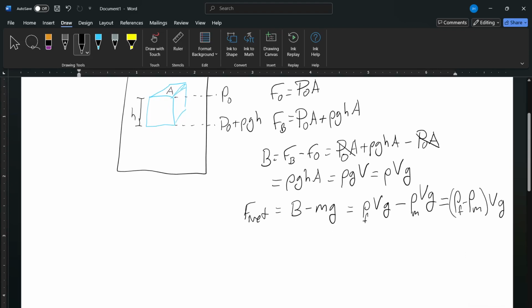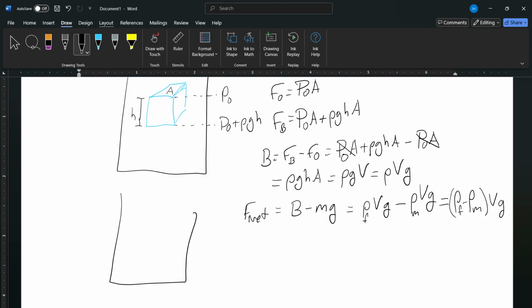Now, I've been careful to say fully submerged, because this only applies if the object is fully underneath the water. So the volume of the fluid that's displaced, giving rise to the buoyant force, so this volume right here, which came from here, is the same as the volume of the material. Okay, but we can also generalize this even further by saying, well, what if the object is floating on top?